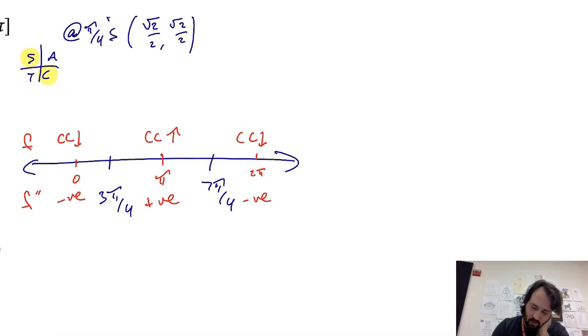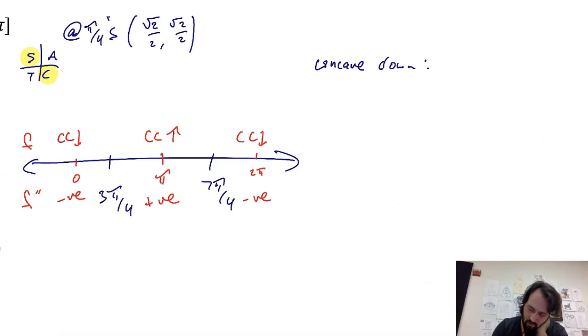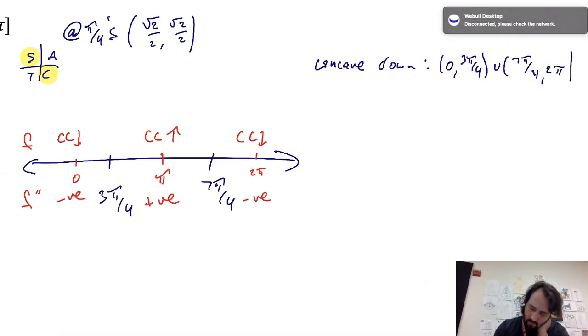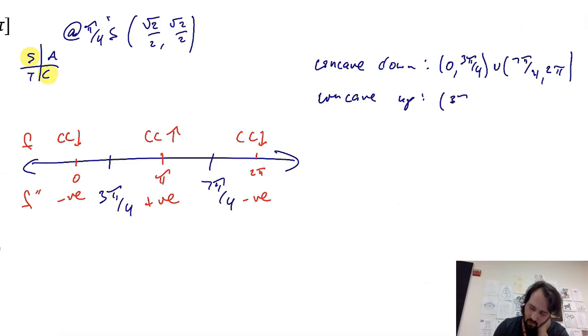So I have concave down from 0 to 3 pi over 4 and 7 pi over 4 to 2 pi. Concave up from 3 pi over 4 to 7 pi over 4.